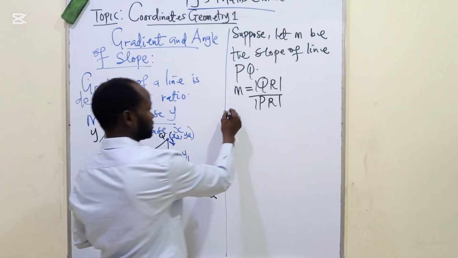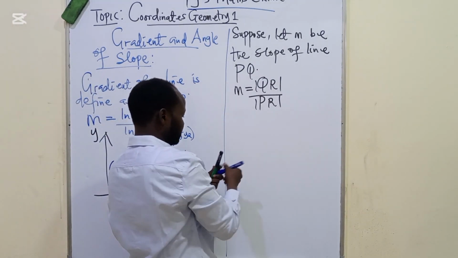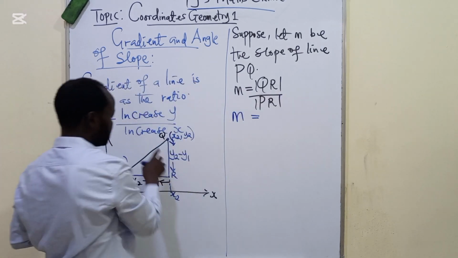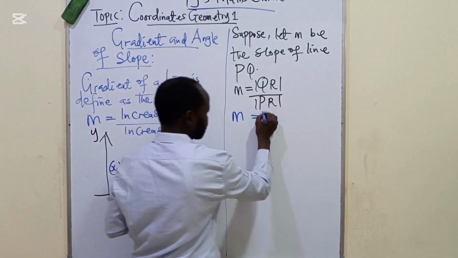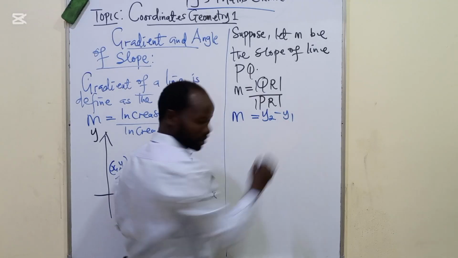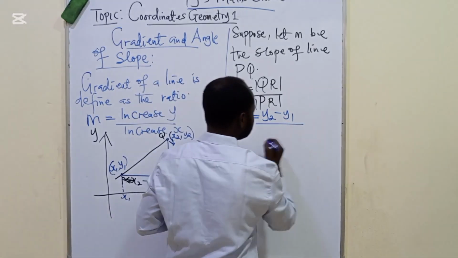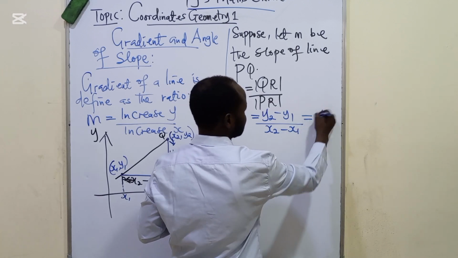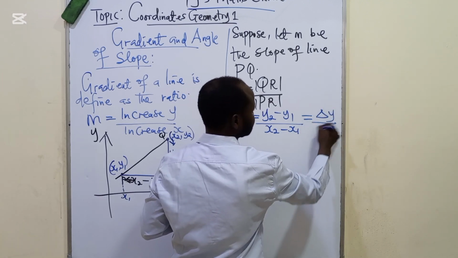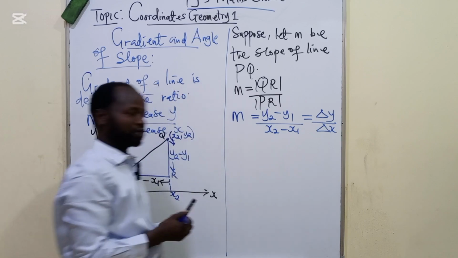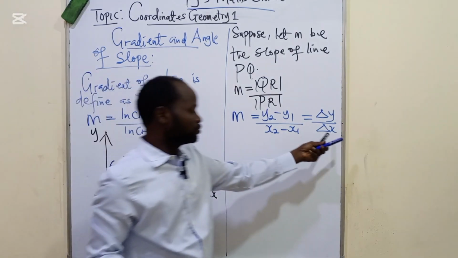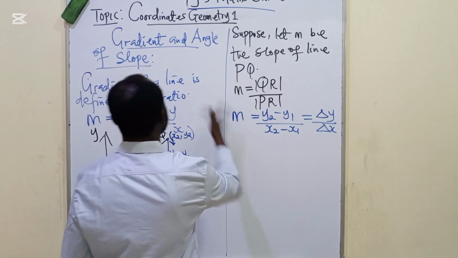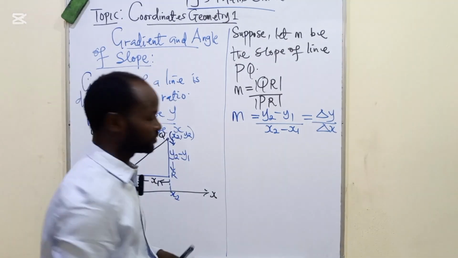So we can deduce that the formula for slope m will be equal to QR, which is change in y, y2 minus y1, divided by x2 minus x1. Or we can write this as delta y by delta x. That delta means change in y with respect to change in x. Very important. So this is the formula for when we are asked to find the slope of a straight line.